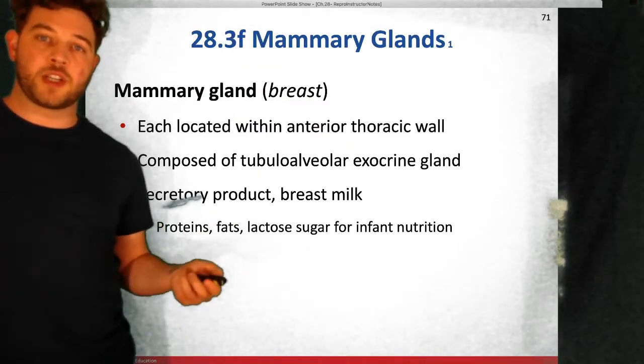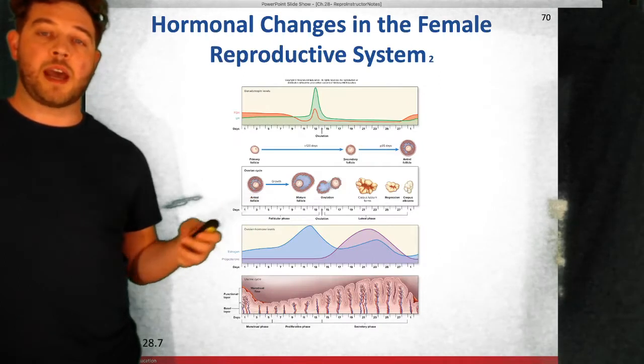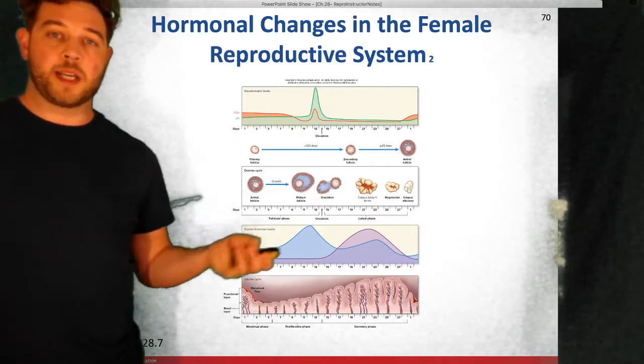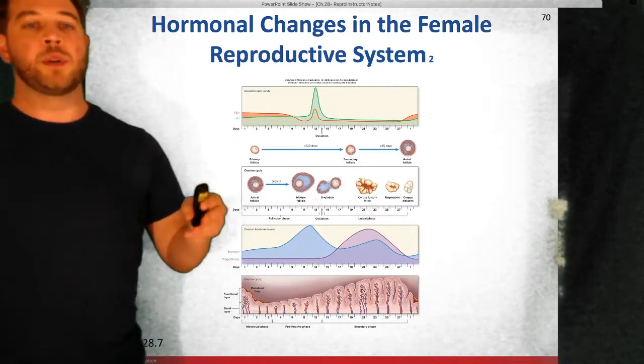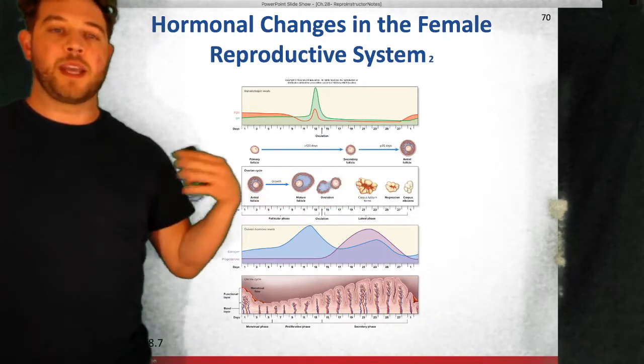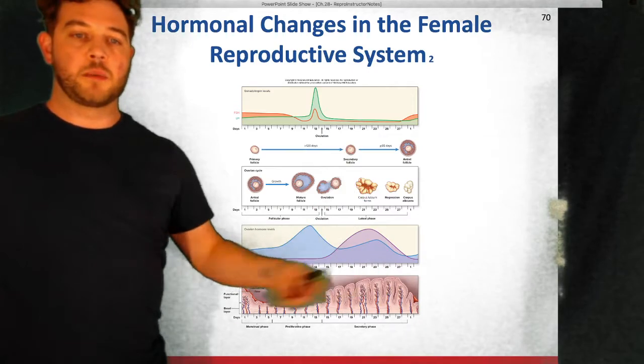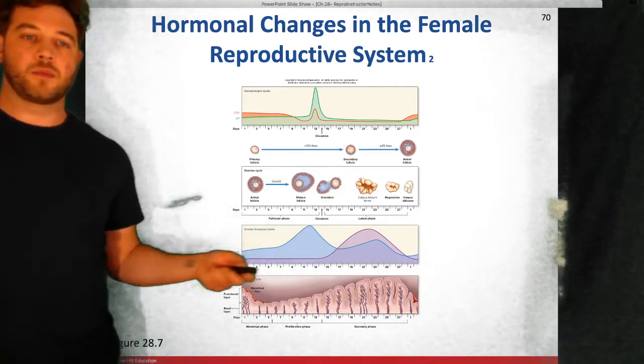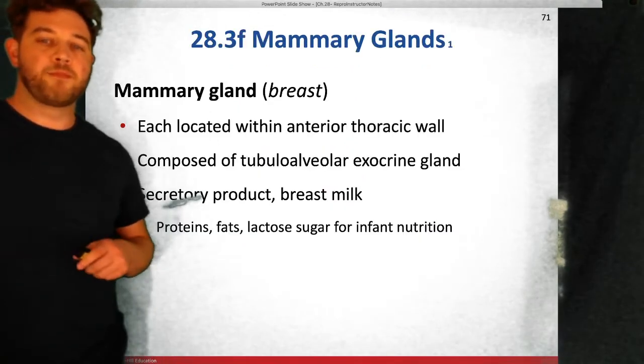Remember, if fertilization does occur, the pre-embryo secretes HCG, which keeps the corpus luteum supported so it can continue to secrete progesterone, providing growth for the uterine lining.